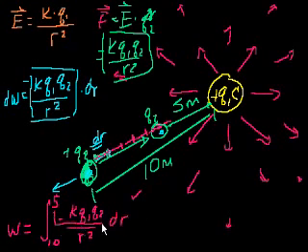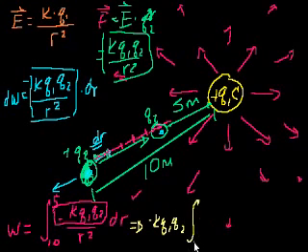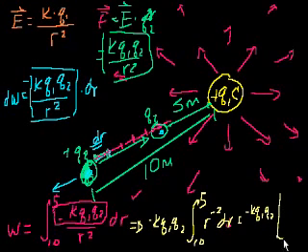All of these are constant terms up here, right? So we could take them out. So this is the same thing as minus k q1 q2 times the integral from 10 to 5 of 1 over r squared, or r to the negative 2, dr. And that equals minus k q1 q2, and we take the antiderivative.